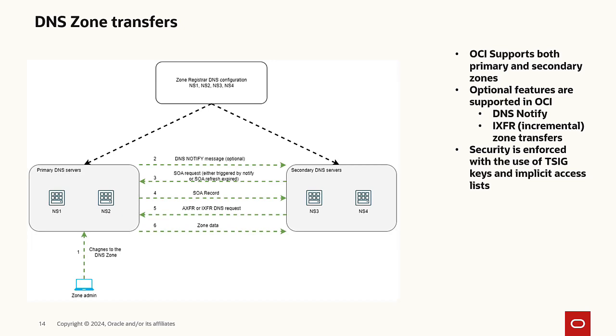And as I said, OCI can be on both sides of this architecture, right? It can be either the primary, and we have a downstream system configured as secondary, or it can be a secondary system for your primary systems, which are in your data centers or in a different service provider. The important thing to note is that even if it's a primary or a secondary system, both are authoritative for the zone, right?